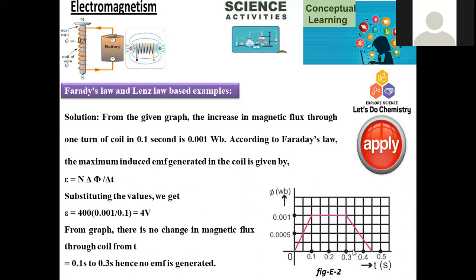When we go from the 0.1 point to the 0.3 point, what is the value of magnetic flux? It will be 0.001 only. That means there is no variation. Here it is simply a parallel line. This implies that there is no change in the EMF. You can notice from 0.1 to 0.3 that it is a parallel line.